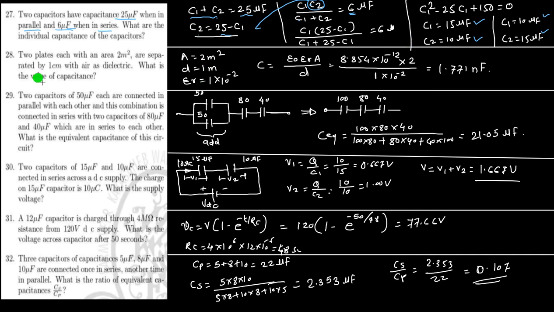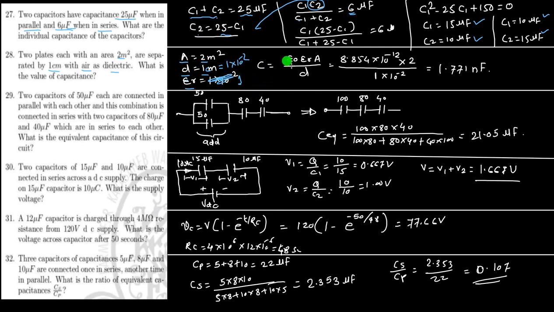Here two plates, each of 2 meter square, are separated by 1 centimeter of air as a dielectric. So area is 2 meter square, and epsilon r is 1 as air is the dielectric medium. The distance is given as 1 centimeter, that is 1 into 10 raised to minus 2 meter.